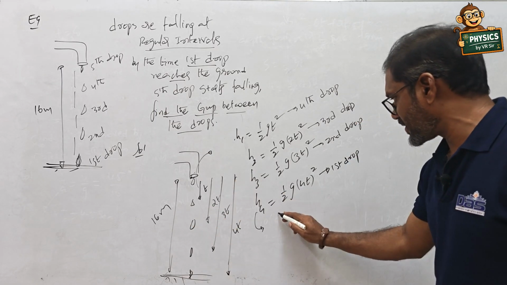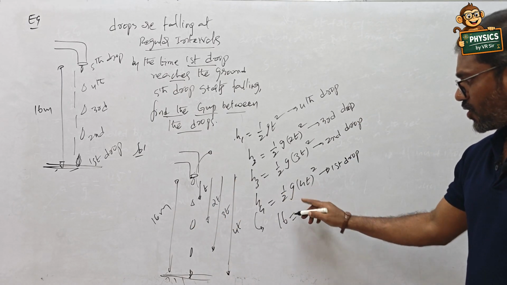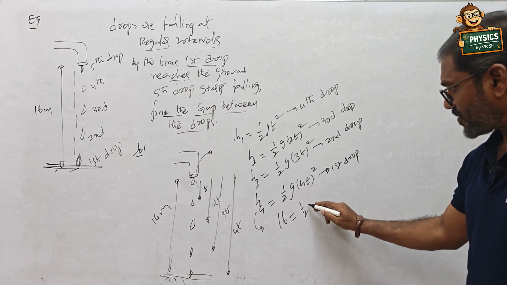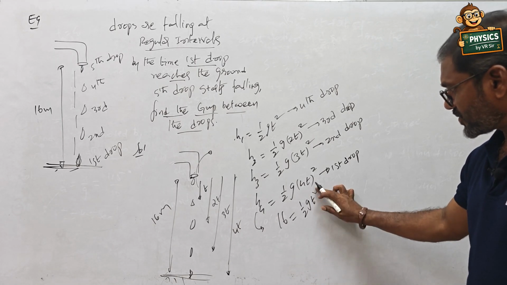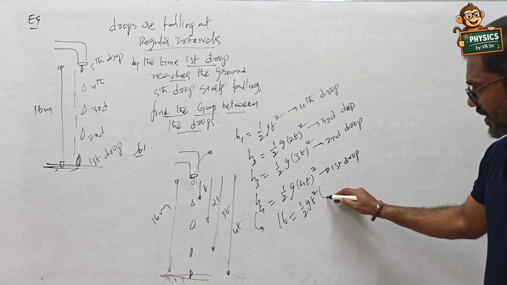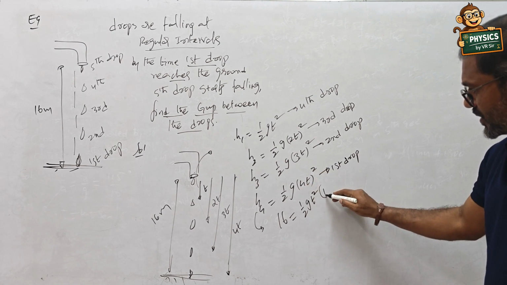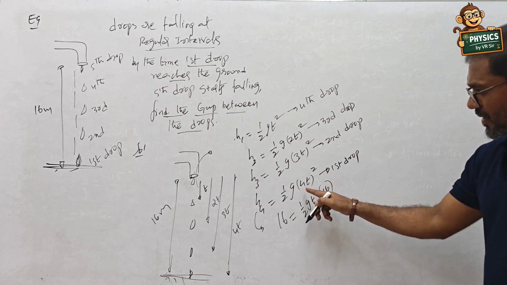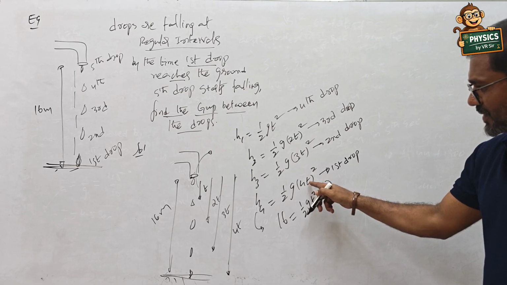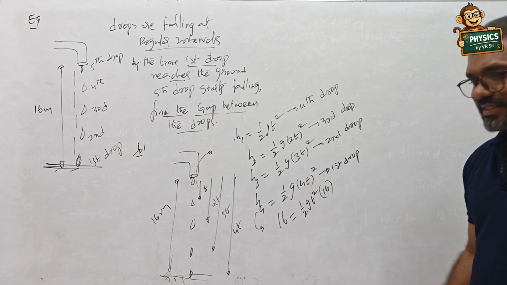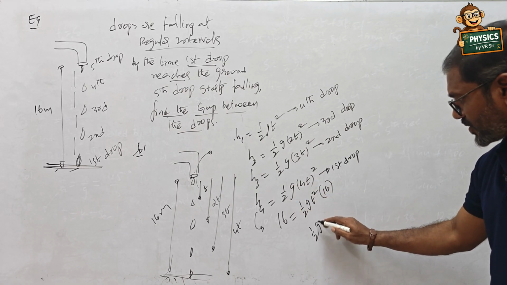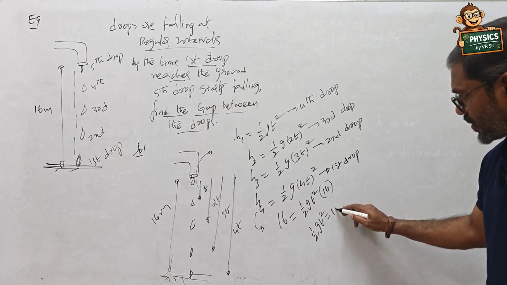Now look here, we are following the first drop. How much depth has it fallen? 16 meters. Now how much is that? It's half g t square if you take this, and of course this is 4 square, 16. I'm keeping the t square term aside, and 4 square is 16, so the 16 gets cancelled. So half g t square is equivalent to 1 meter.